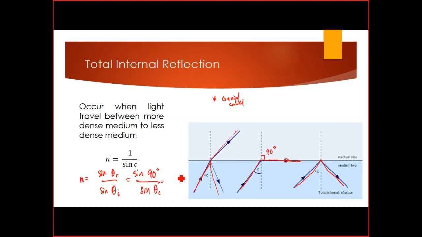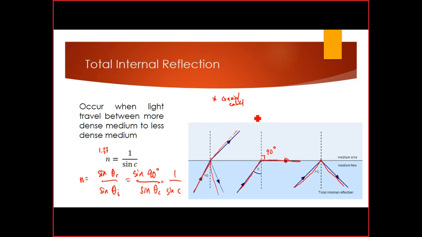Sine 90 degrees is 1, so n equals 1 over sine of the critical angle. This equation helps you to identify the critical angle. Given that this medium is water, the n is 1.33, so you should be able to find the critical angle for water.